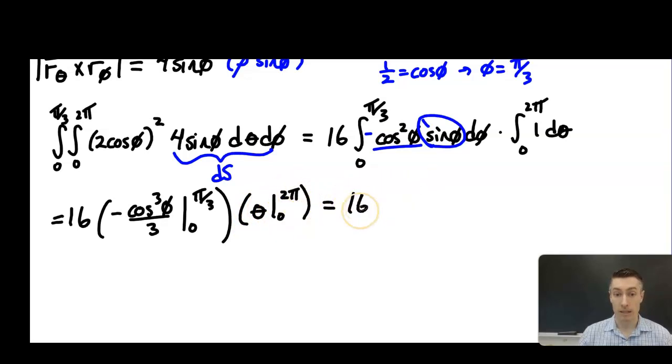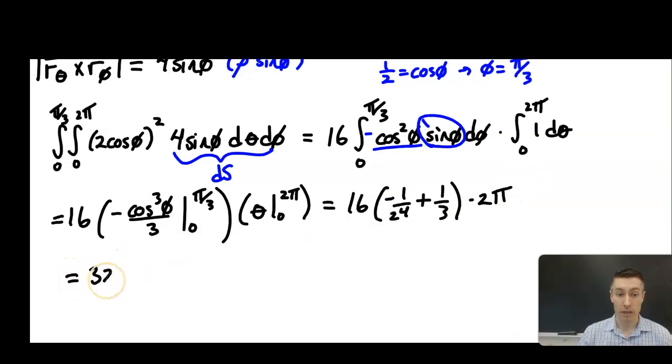So that's going to be 16 times, cosine of pi over 3 is a half, so to the third would be 1/8, divided by 3 would be 1/24, so negative 1 over 24, and then minus a negative will be plus 1/3, cosine of 0 is 1, and then times 2 pi.